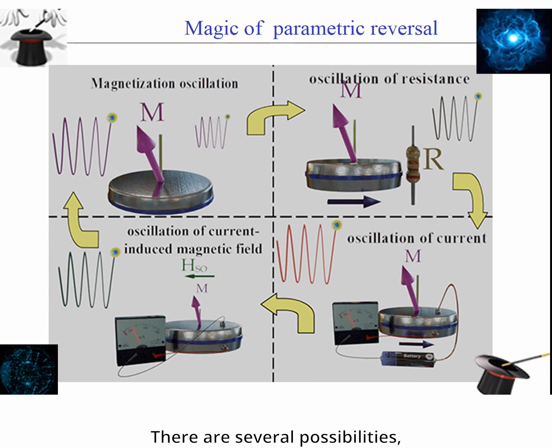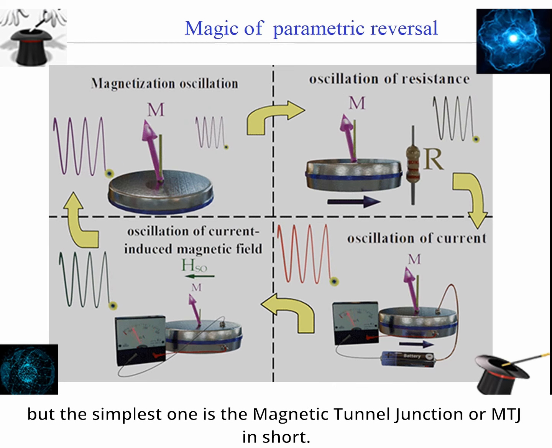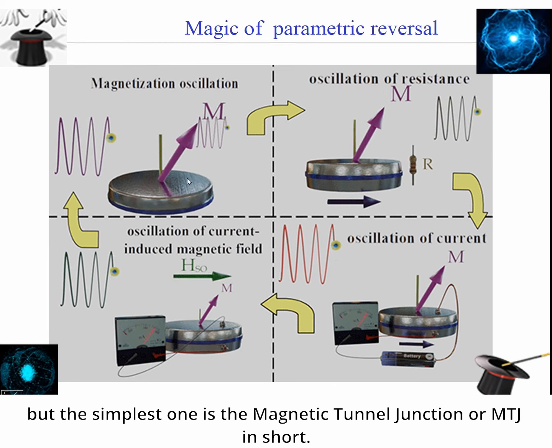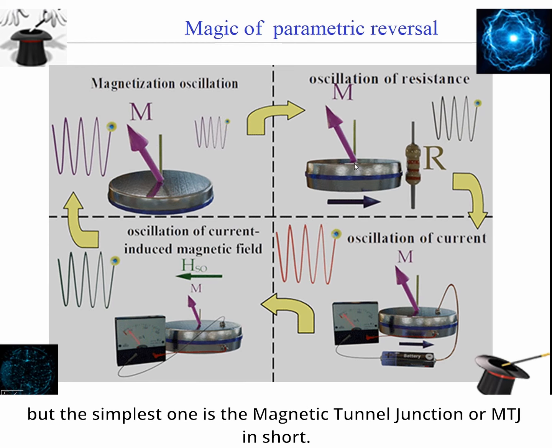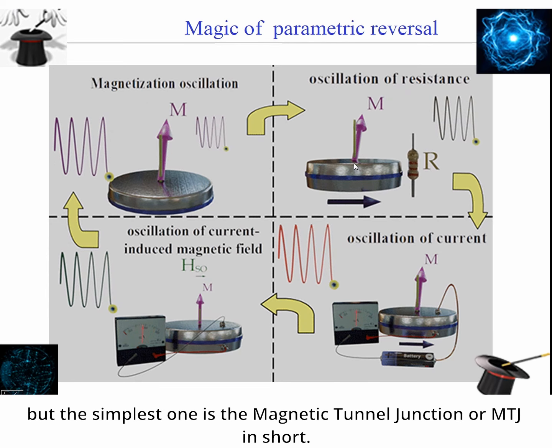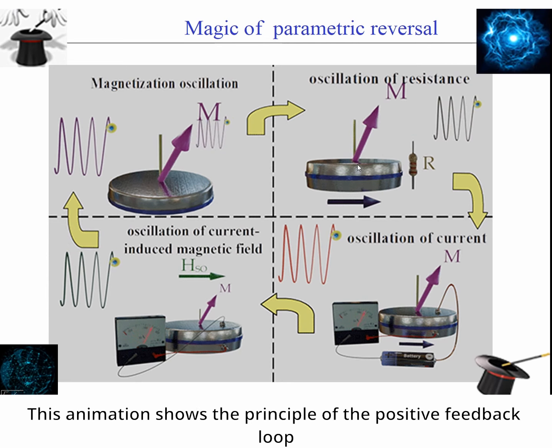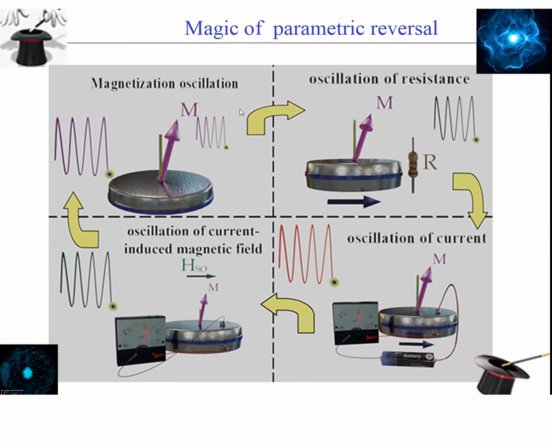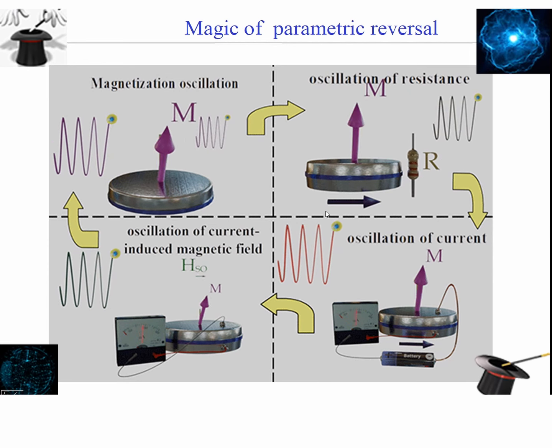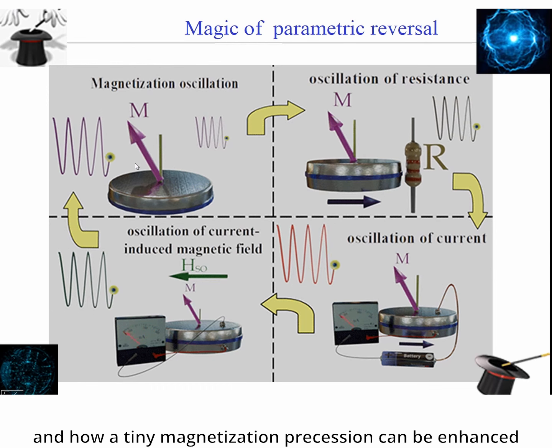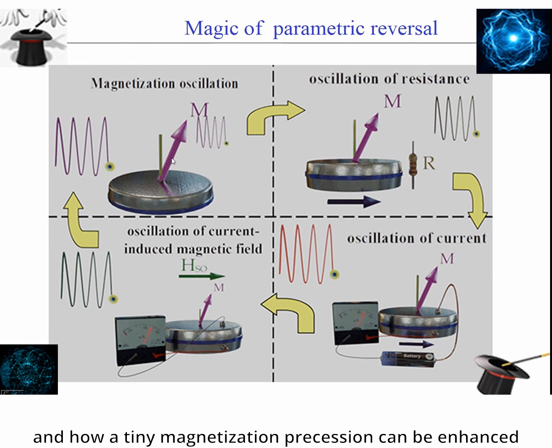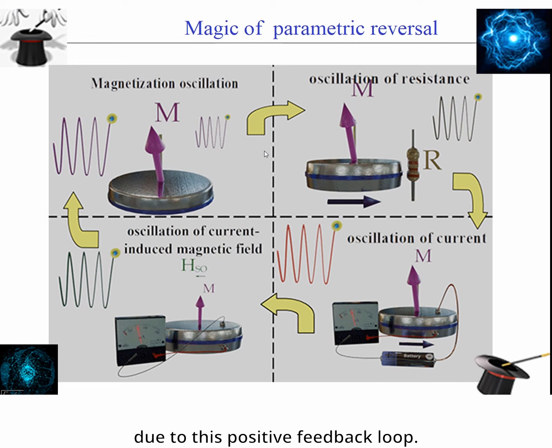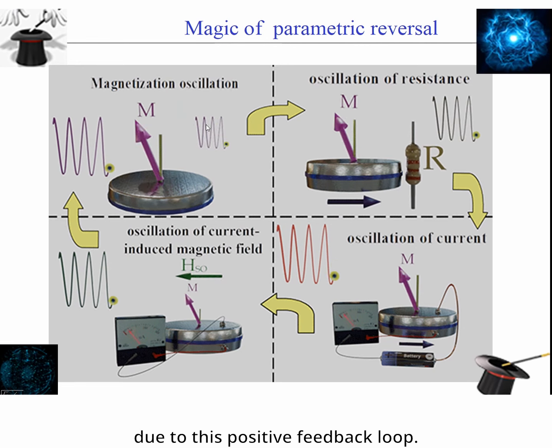There are several possibilities, but the simplest one is a magnetic tunnel junction, or MTJ in short. This animation shows the principle of the positive feedback loop, shown by yellow arrows, and how a tiny magnetization precession can be enhanced due to this positive feedback loop.